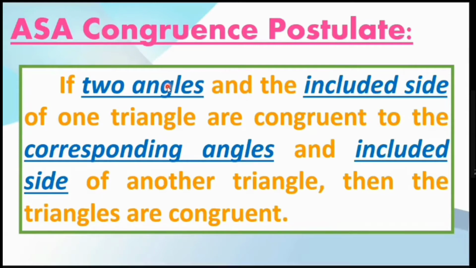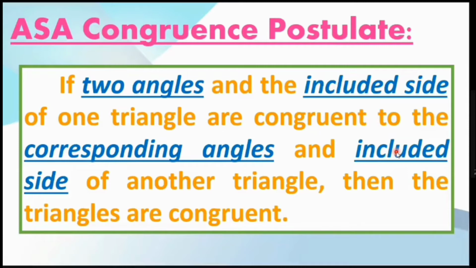Dapat yung two angles na yon at saka yung included side na yon should be congruent to its corresponding two angles and included side on another triangle for us to conclude that the two triangles are congruent.